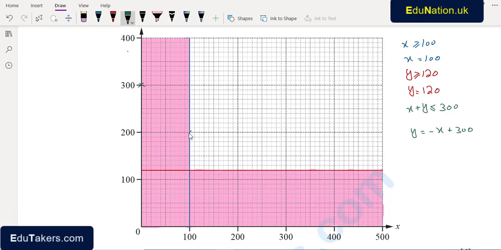It will be passing through this point. This is a line passing through these 2 points. And x plus y is less than or equal to 300, so the unwanted region is above this line.